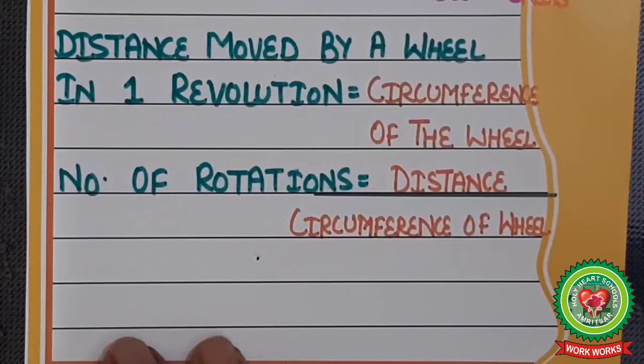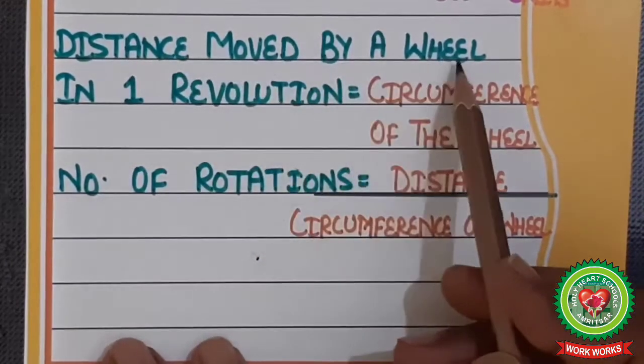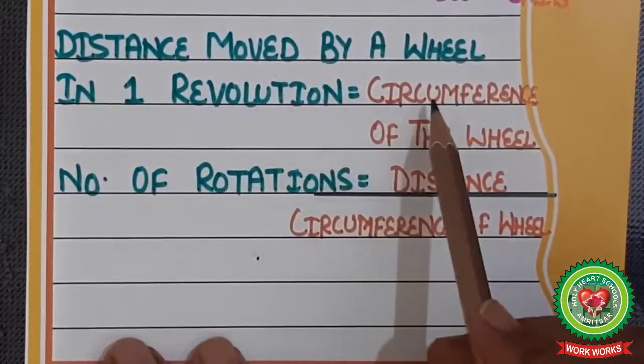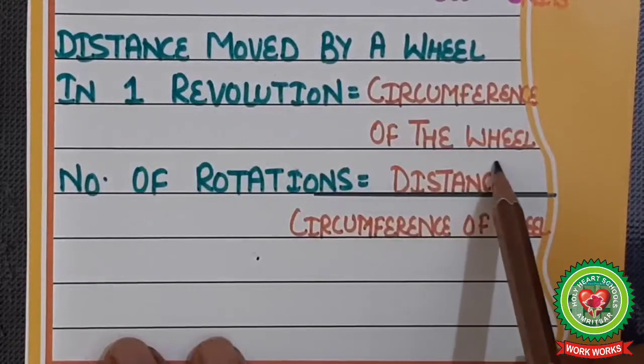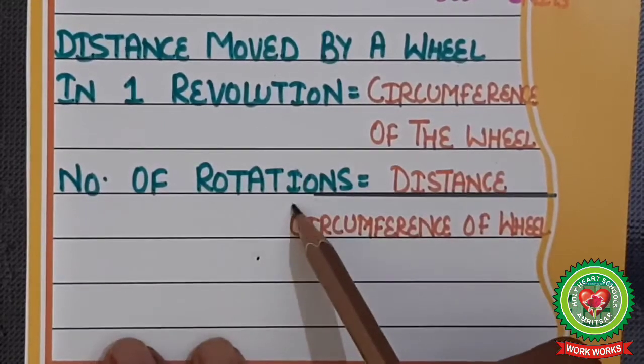Children, see the next concept, which is related to distance traveled by a wheel. So what is a distance moved by a wheel in 1 revolution? It is equals to circumference of the wheel. So from here we can derive a formula, that is number of rotations.